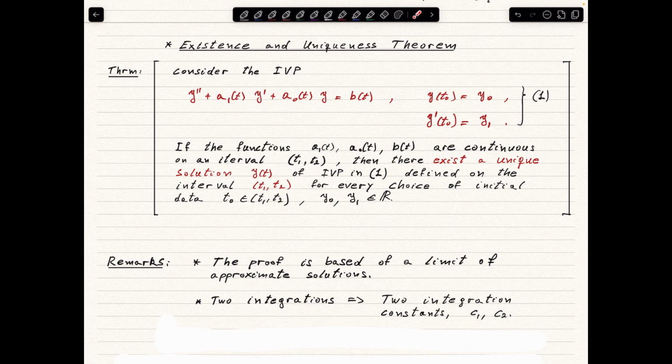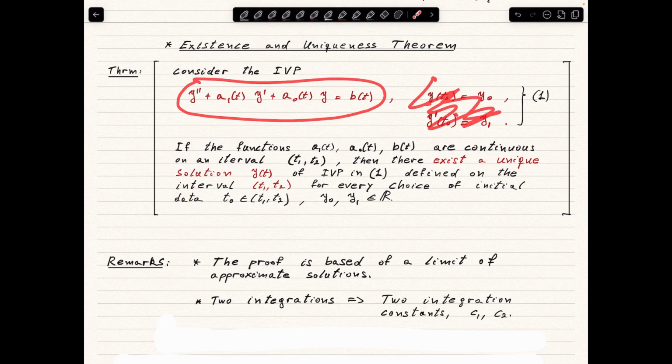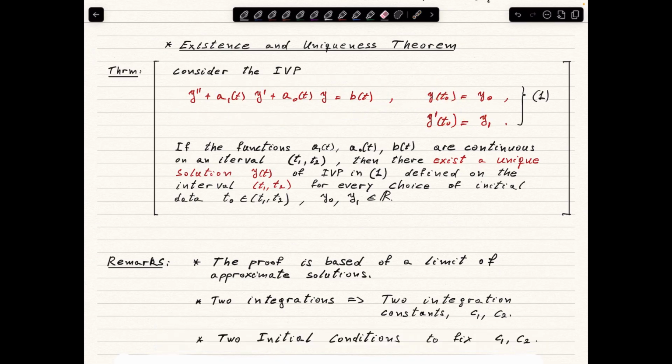So if we look for all the solutions of this equation without the initial conditions, the expression for the solution should contain two arbitrary integration constants. That is the reason why this initial value problem has a unique solution, because all the solutions of the equation must have two arbitrary constants.